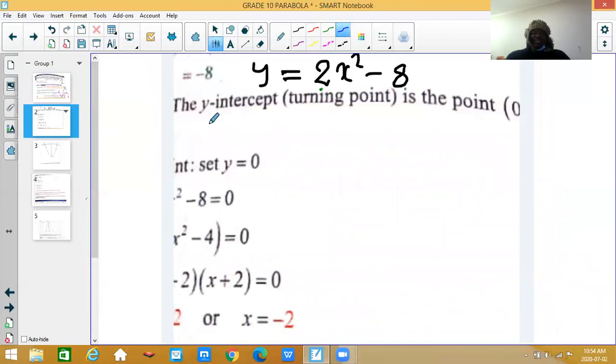Now, we want to sketch the graph of y is equal to 2x squared minus 8. First of all, we want to find the y-intercept.